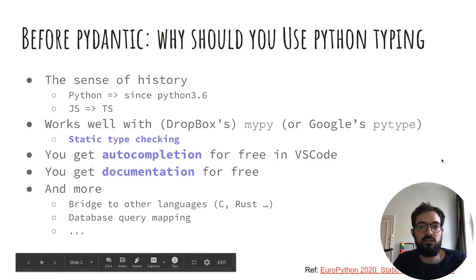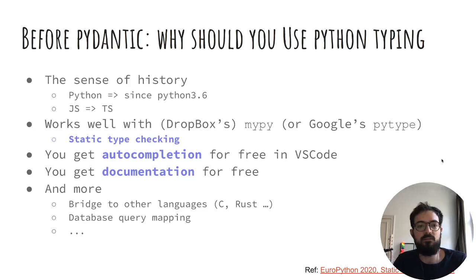Before pydantic, why are we even talking about pydantic? Pydantic is a library that comes in the field of type annotations. It actually leverages type annotation quite a bit. So before we go into that, what can we say about Python typing?